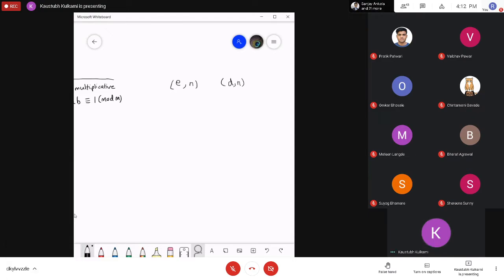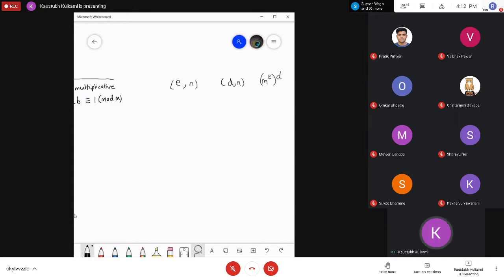Now these keys are actually exponents. Whatever message you have, normally denoted by M, M raised to E means you will encrypt it with the public key, and the private key will be able to decrypt this message.